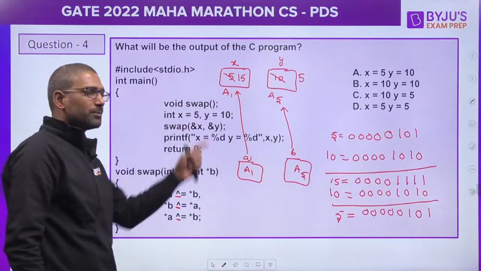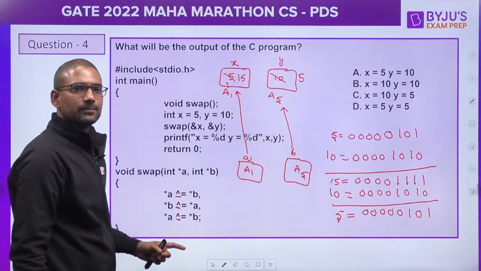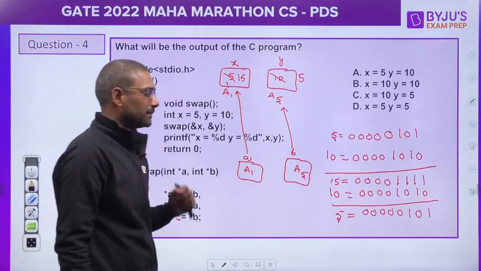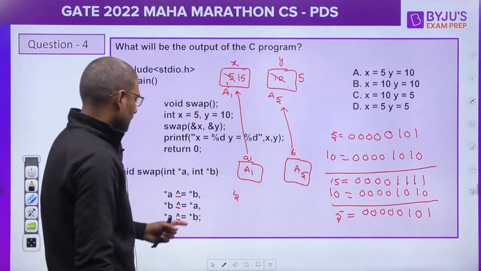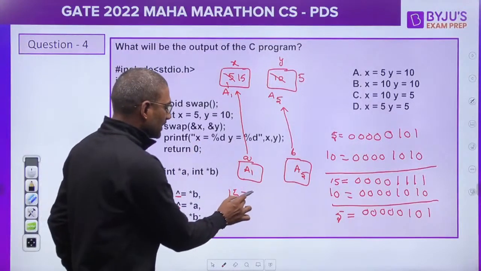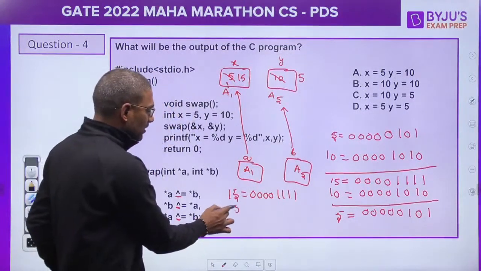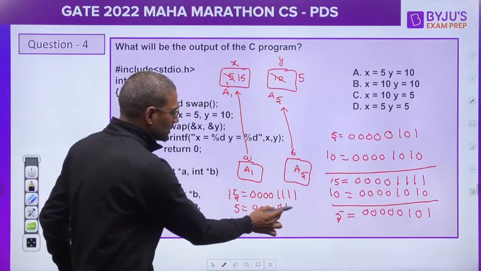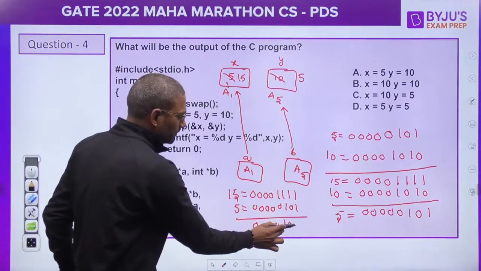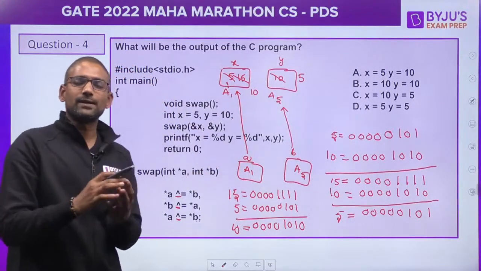Now the value at address A1 should be equal to that value XOR b. What do we have at address A1? 15, which is 0 0 0 0 1 1 1 1. b now has 5, which is 0 0 0 0 0 1 0 1. When you do XOR, this would be 1 0 1 0. This is again 10. So the values got interchanged.